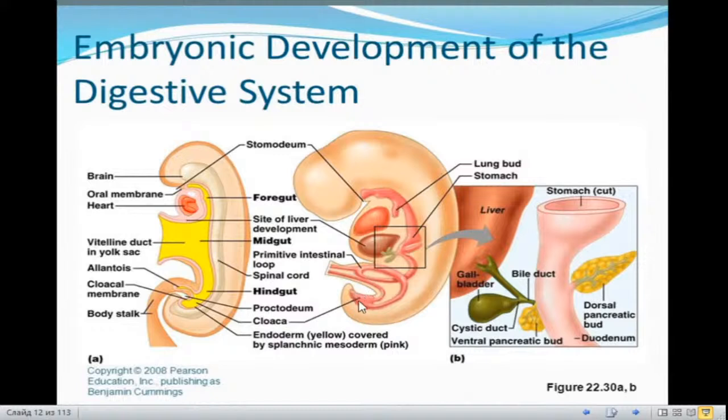This is a primitive structure that is a common pouch for urine and feces, but then it will be separated. If not, of course, the anomaly will be caused by that. So here I'm showing you the connection of embryonic development and anomalies of development.